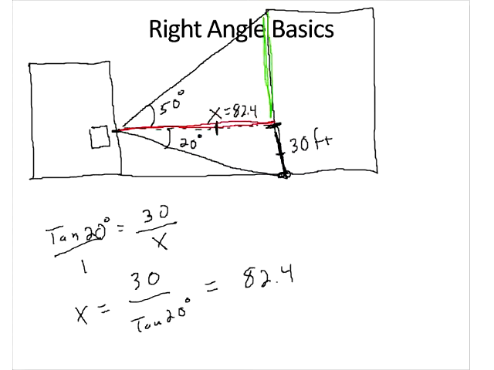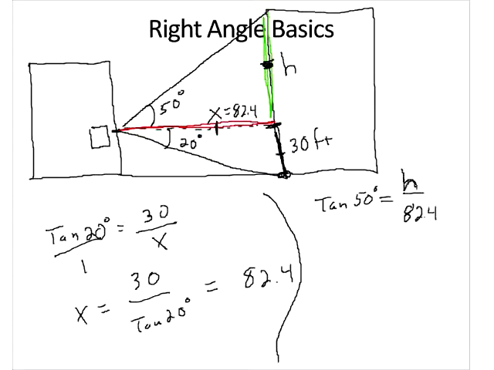Next, I don't have enough room on this slide, but we'll get it on the next one. The next thing I would like to do is find this height up here. We'll call it h. So I'm going to say the tangent of 50 degrees should be that side h divided by 82.4.